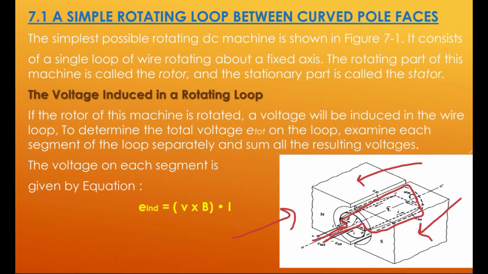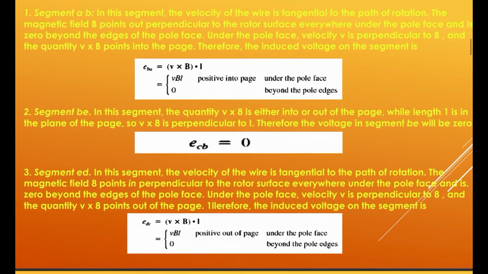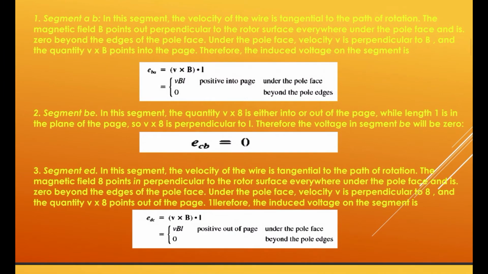The voltage on each segment is given by the equation E induced equals VBL: velocity multiplied by magnetic field multiplied by the length of the loop or conductor. So we have to examine each segment, 1, 2, 3, and we can get the voltage at each segment.